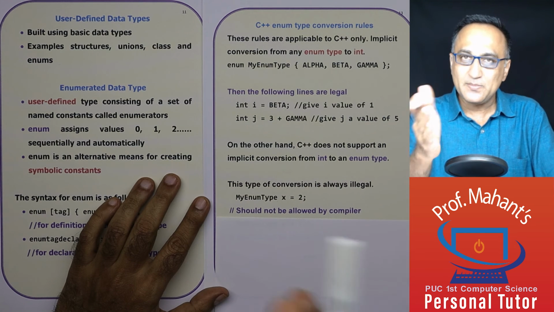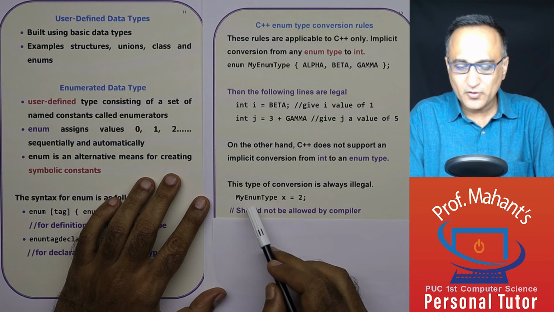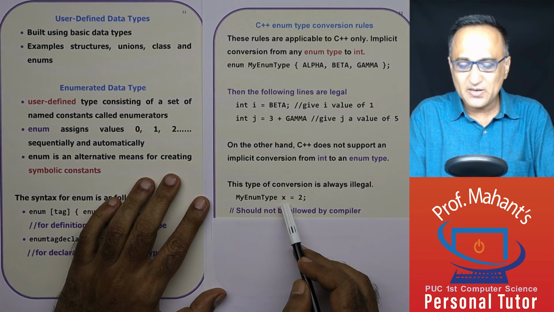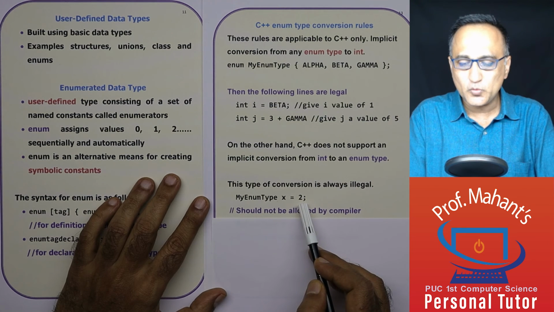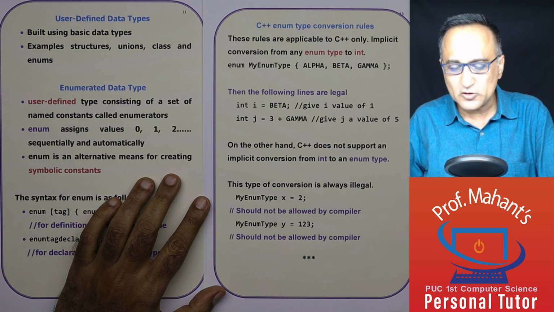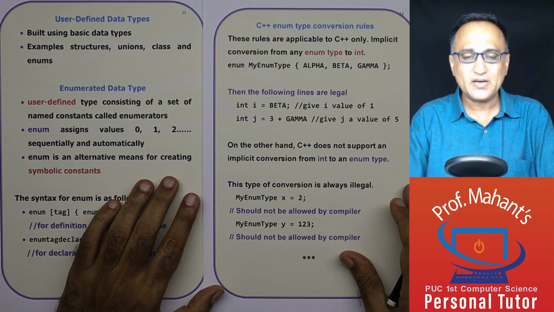You can convert an enum to an int, but you cannot convert an int to an enum. For example, my enum type x is a variable. You cannot assign it the value 2. This is wrong. It will not be allowed by the compiler. This also, my enum type y is equal to 1, 2, 3, should not be allowed by the compiler.